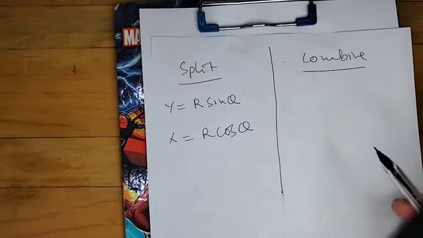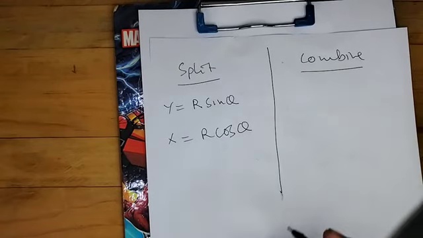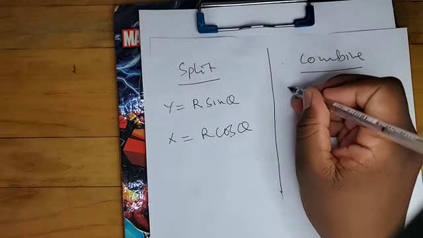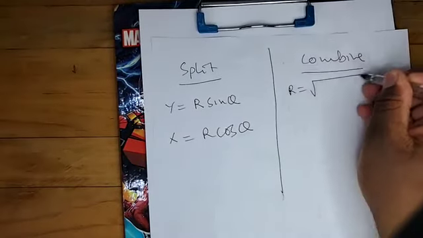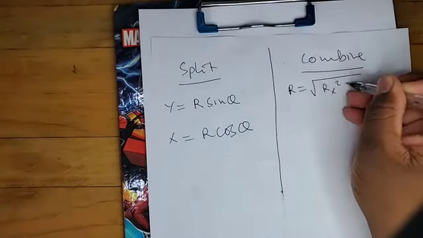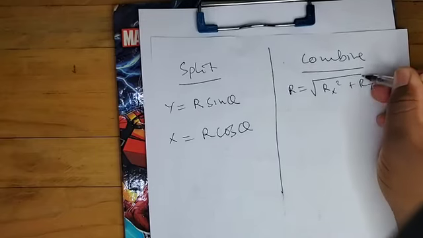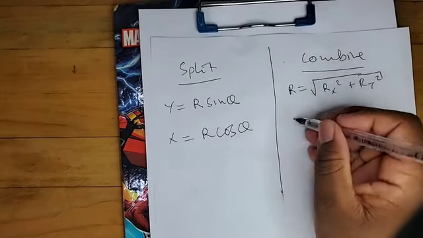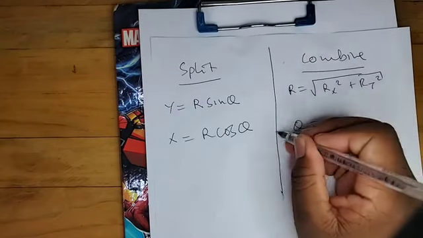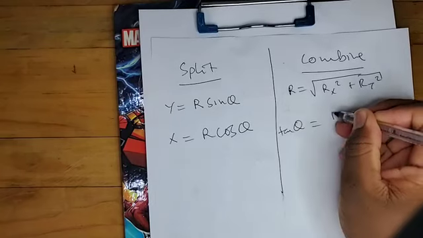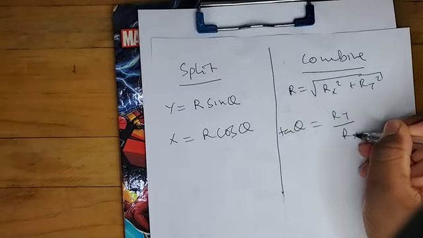Then to combine, we need to find the magnitude and then the direction. Magnitude: r is equal to the square root of rx squared plus ry squared. And then the angle is tan theta equal to ry divided by rx.